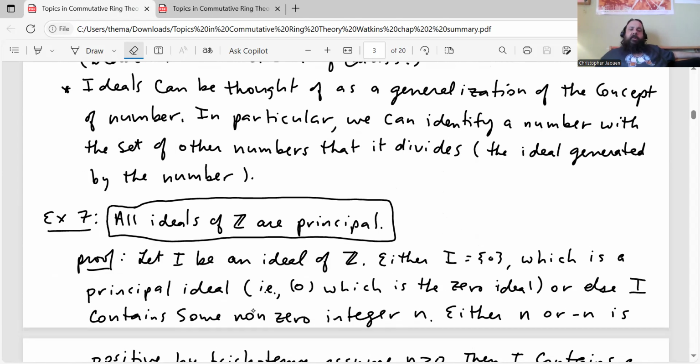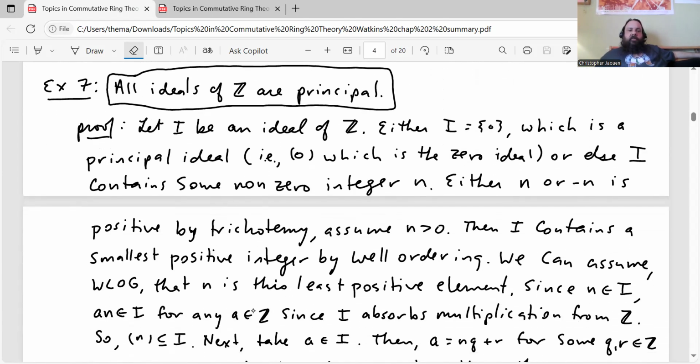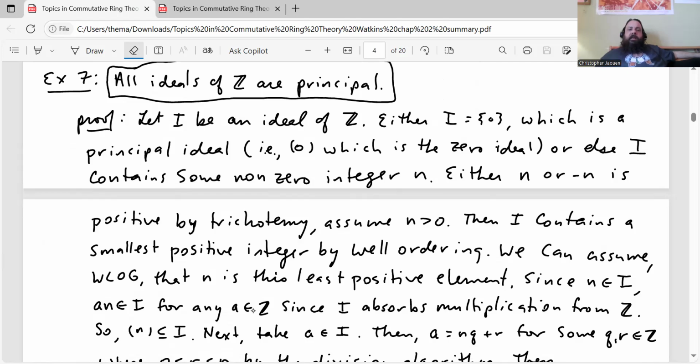Right, example 7, all ideals of the integers are principal. Here's my proof. Let I be an ideal of Z, then either I is the zero ideal, meaning it's the principal ideal generated by 0, which only has that one element in it. It's just 0, right? Or else I contains some non-zero integer n. Either n or negative n is positive by trichotomy.